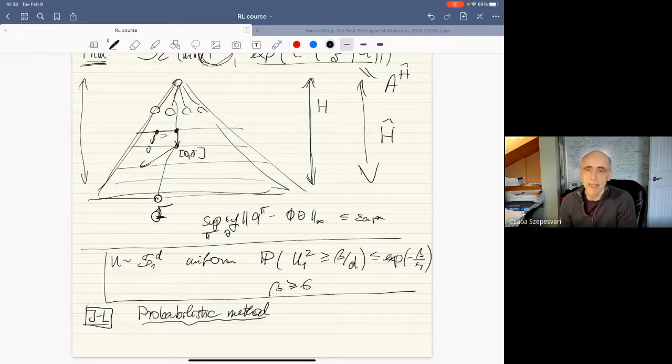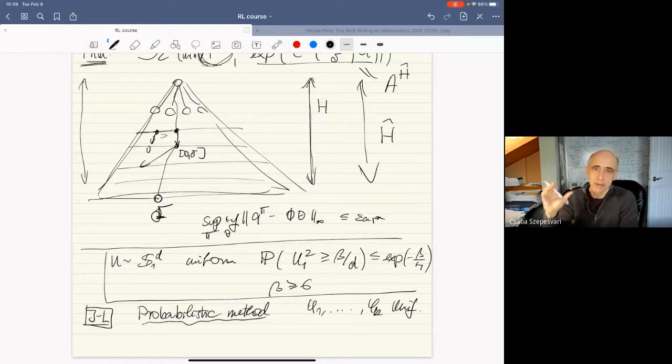So you choose k random vectors, and the condition that you wanted the k vectors to meet is met with positive probability. And it's true that there must exist k vectors for which this condition is met. And so you just choose these vectors phi1 to phi k to be uniformly random on the sphere.